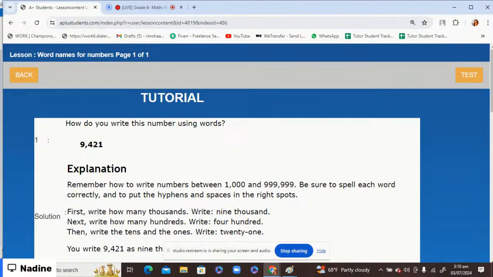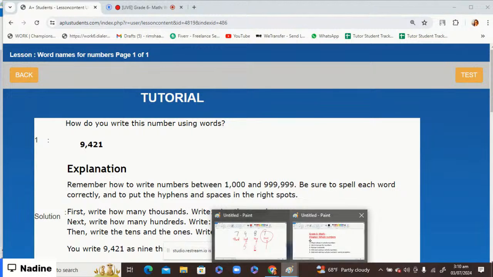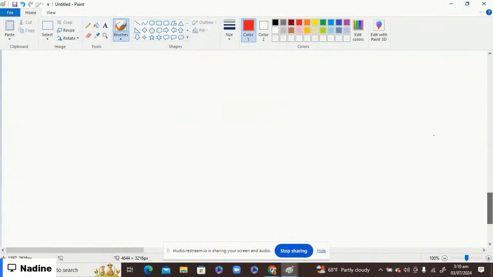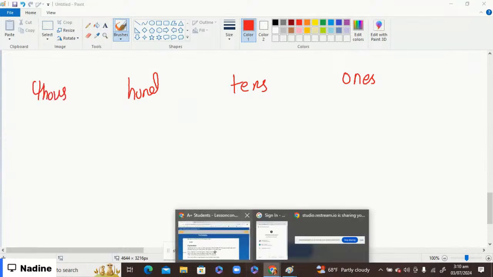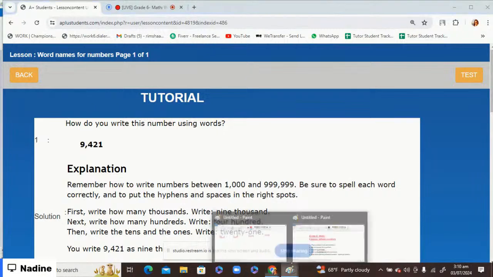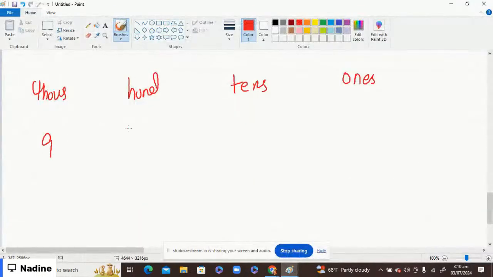Okay, for your understanding, let's go down here: ones, tens, hundred and thousand. And here is the question, that is 9421. I'm just going to put it here, 9421.